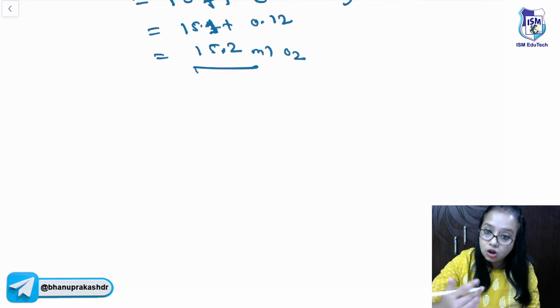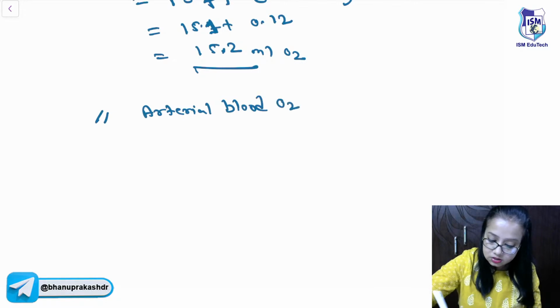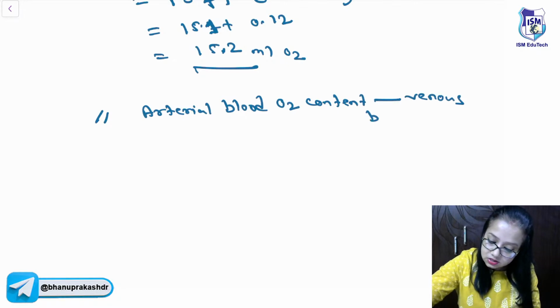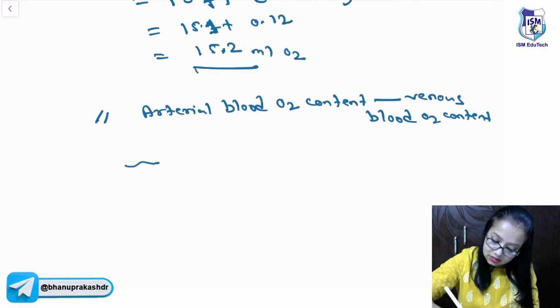So the arterial blood oxygen content minus the venous blood oxygen content is equivalent to 19.8 ml minus 15.2 ml.